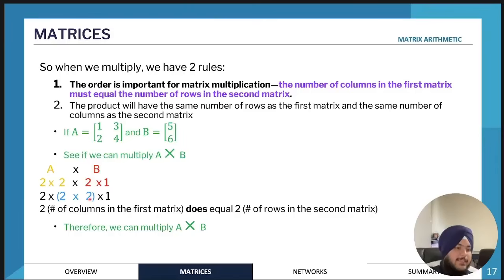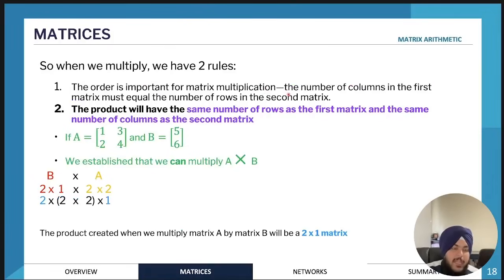In this case, they're both the same, and since they're both the same, we can perform this matrix multiplication. That's the way you verify if the matrix multiplication can be performed or not before actually doing anything else. Okay, so that was the first rule essentially.